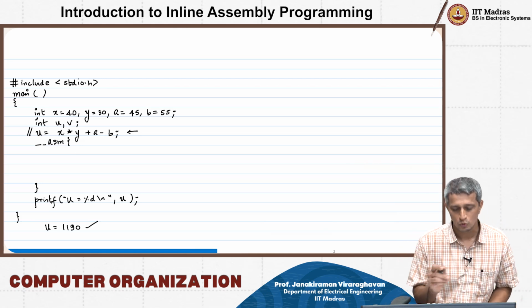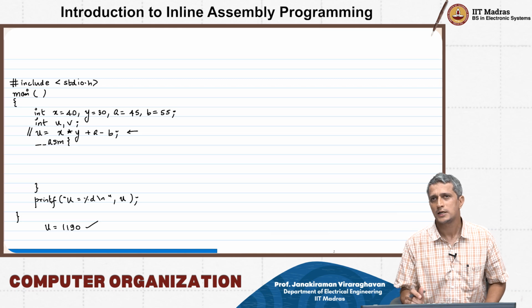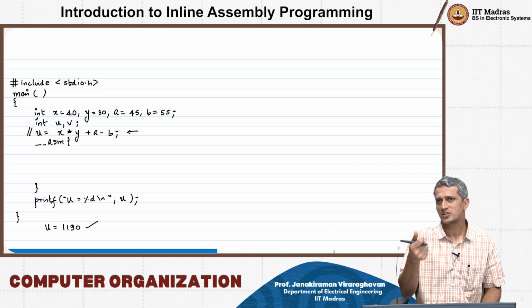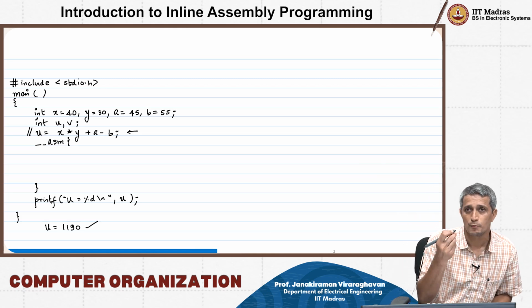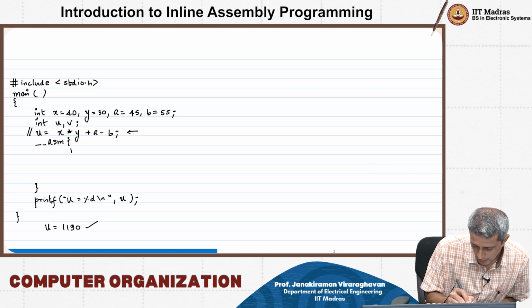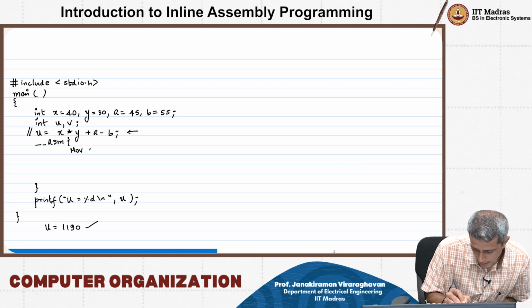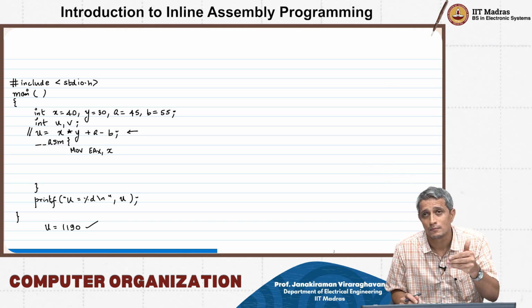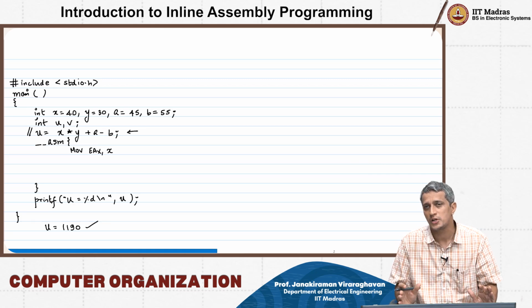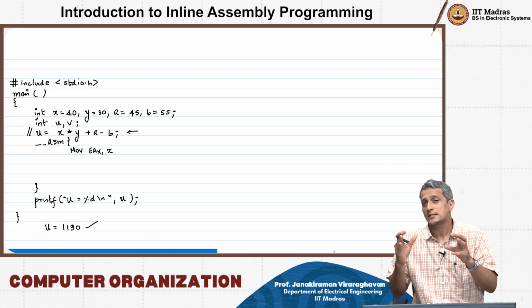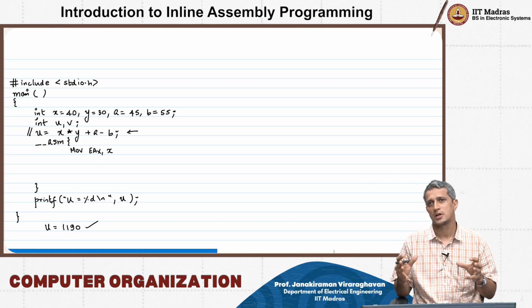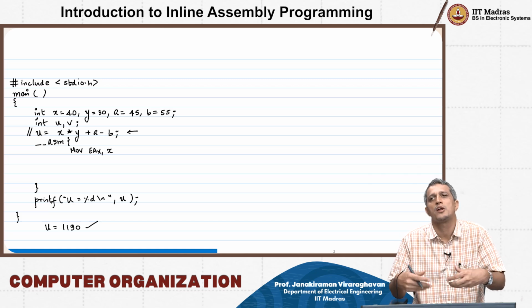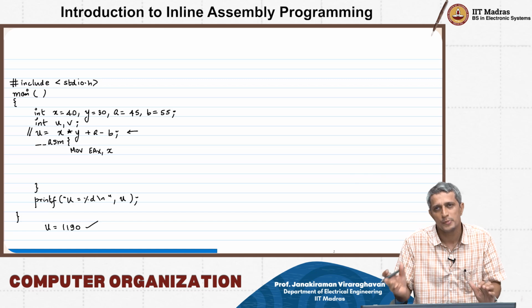In order to do x into y, I told you that the EAX register has to be used as one of the implicit operands. So I will move EAX comma x. What x is, is a very good question, because as far as the microprocessor is concerned, x should either be a register value or a memory location.